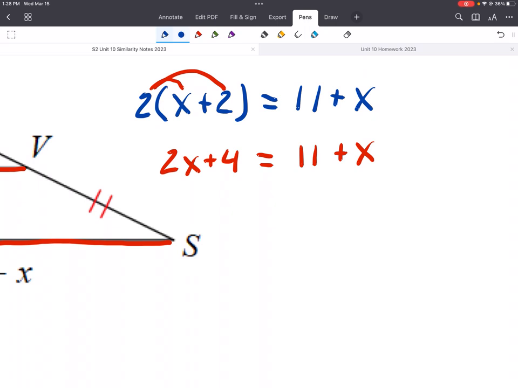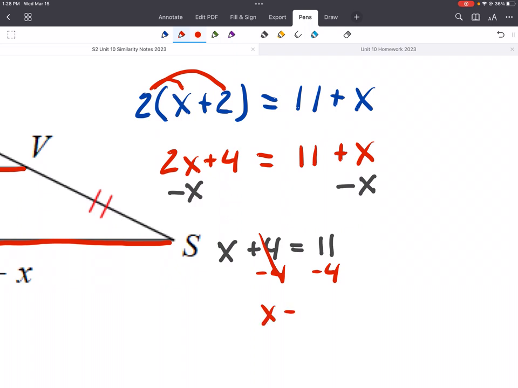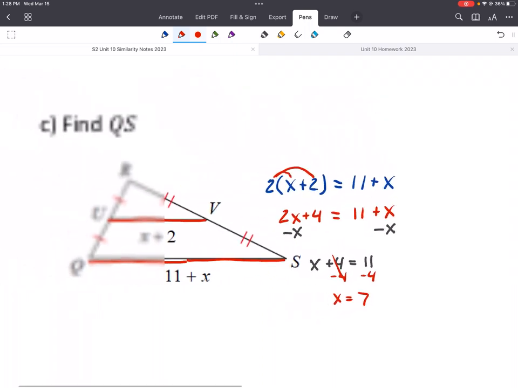But the easiest way, I think, is to keep things positive if possible. You could subtract 2x from both sides, but then you'll end up with a negative x, and I feel like that just makes it harder. So always keep the bigger and subtract the smaller. Let's subtract x from both sides. So we'll get x plus 4 equals 11. Then we'll keep the 11 and subtract the 4. So x equals 7.